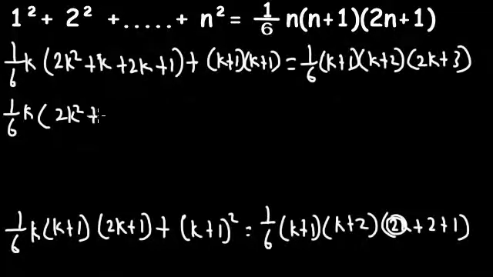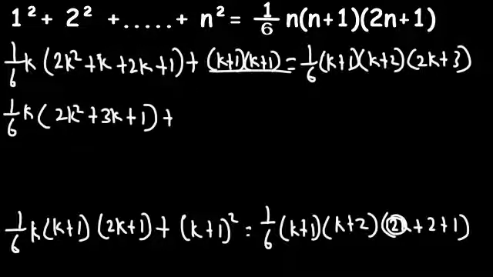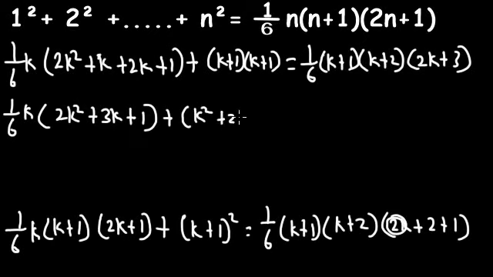We have 3k plus 1 plus, now let's expand this one as well. That becomes k times k is k squared plus 2k plus 1. Alright, so k times 1 is k, 1 times k is k, added up 2k. Perfect. Then we have 1 times 1 to be equal to 1.